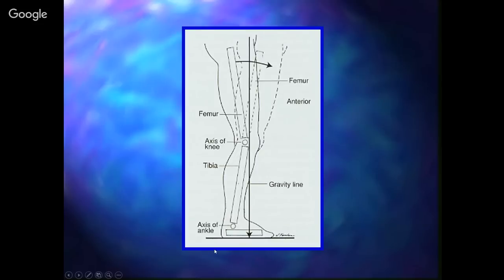So we can see that here, that we have the line of gravity falling anterior to the axis of the knee. If it's anterior, evident by this arrow, it's showing that there's an extension moment to the knee. Femur wants to be pulled forward. Ideally, we have the posterior capsule here as a check rein to counteract that.